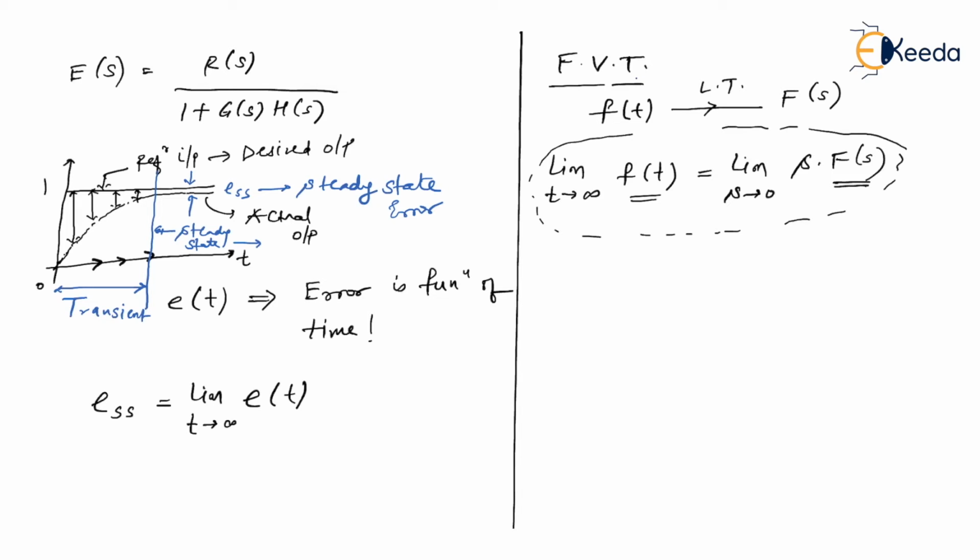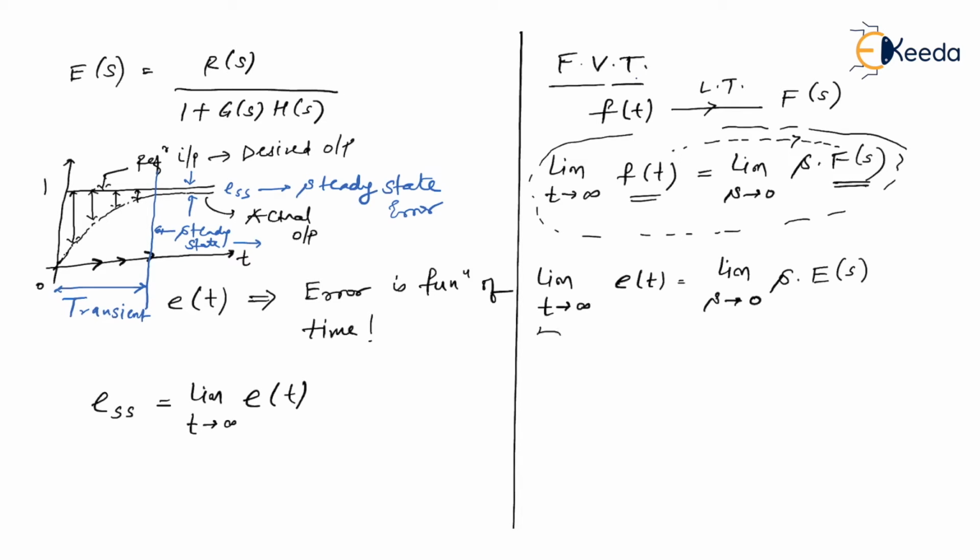So let us use this final value theorem. Instead of f of t, I'll go for e of t because error is also a function of time. So I can say limit when time approaches infinity e of t is equal to limit s tends to 0 s into E of s, as the Laplace domain value.